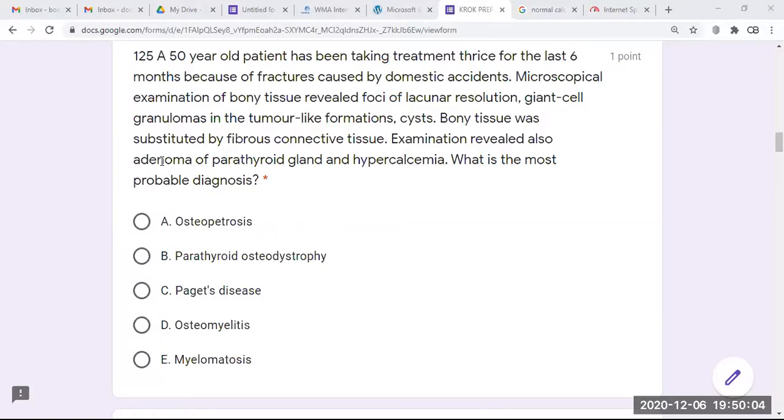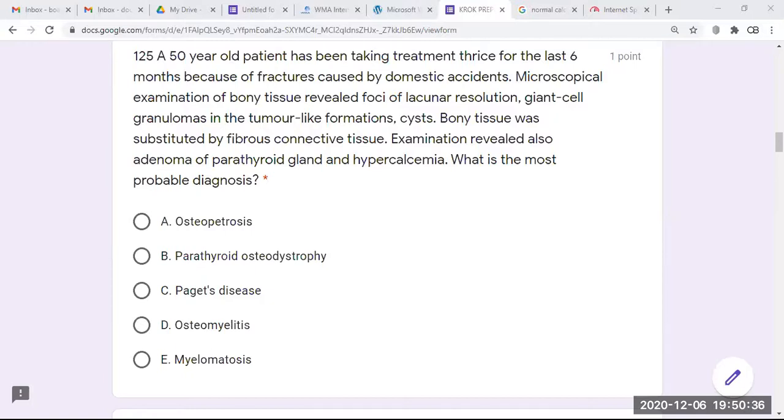Microscopical examination of a bony tissue revealed a focal of what? Lacunar resolution, giant cell granulomas in the tumor-like formation cyst. So those osteoclast cells are just some big cells.